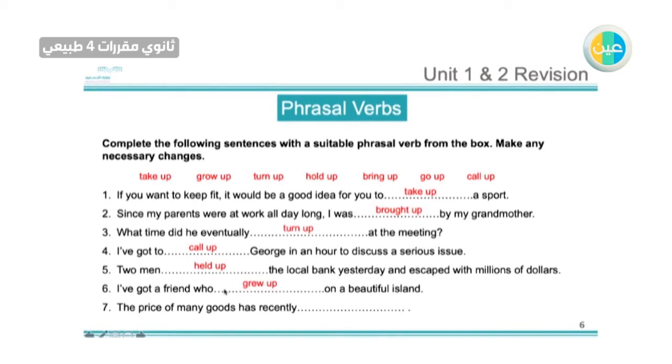So he grew up on a beautiful island. Number 7. The price of many goods has recently blank. The cost of these goods or food supplies or whatever has now increased. So the amount has increased, and because of that we say gone up.